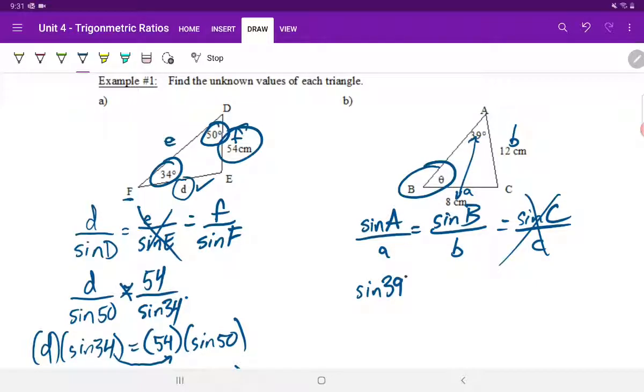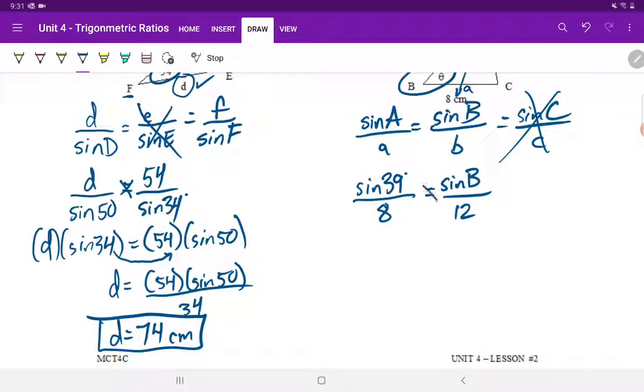Sine of 39 degrees divided by lowercase a, which is 8, is equal to sine of angle B, which we don't know, we need to solve for, divided by 12. Let's cross multiply. You get 12 times sine 39 is equal to 8 times sine B.